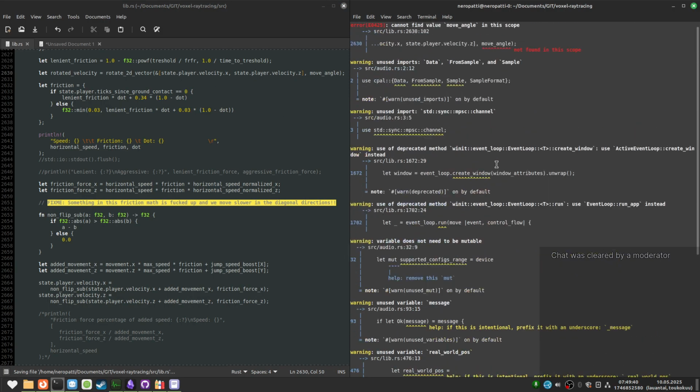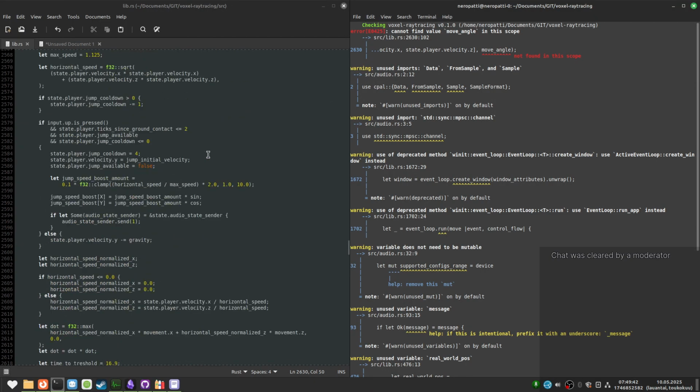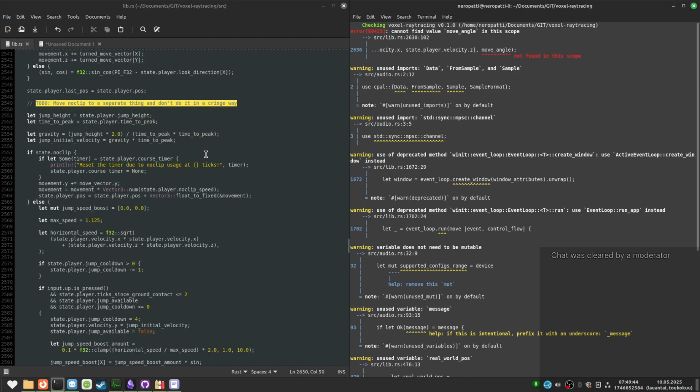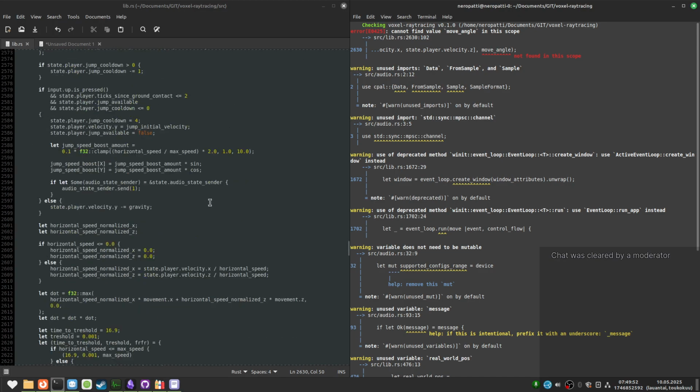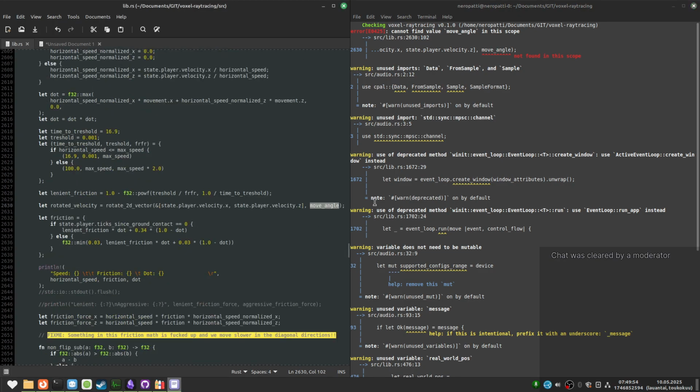I forgot that I cursed myself with that. I don't keep the move angle in scope, I guess. I just have the sin and the cosine. Let's just pass it directly then.